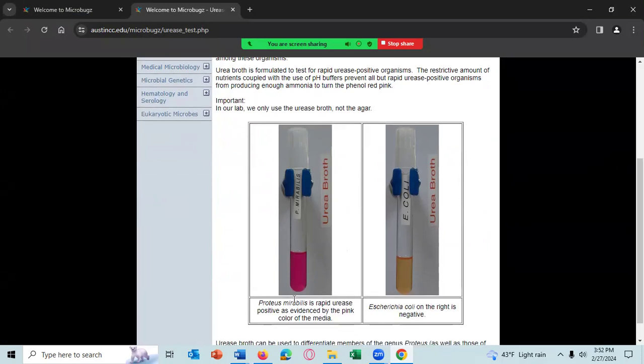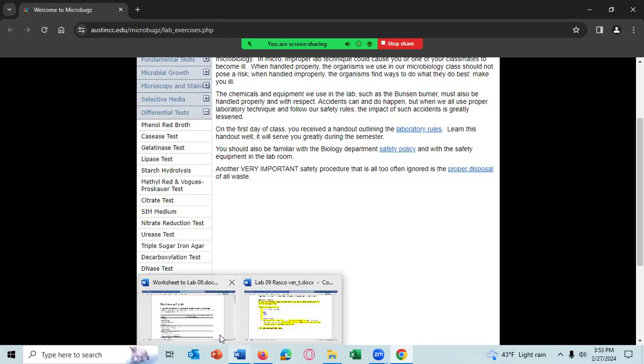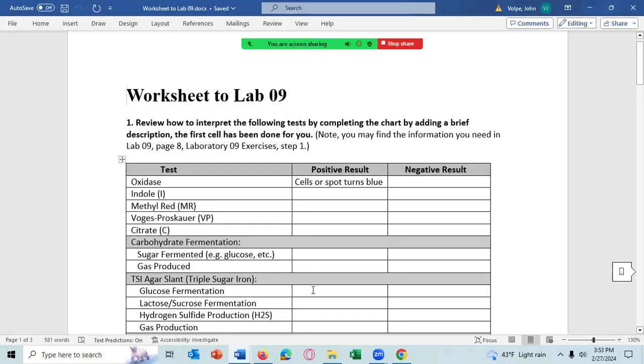Negative, positive for the urease test. Any question about that? So you only need to look up on the microBuzz the tests that you need the information for filling in this table on the worksheet.